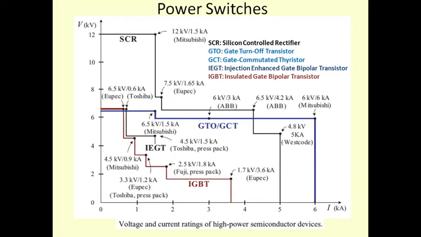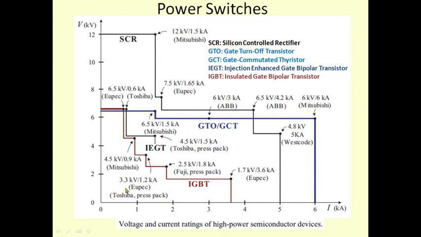Okay. Now next comes the GTO or GCT. GTO is gate turn off thyristor, and GCT, sometimes known as IGCT, is gate commutated thyristor or integrated gate commutated thyristor. Then comes the IEGT or injection enhanced gate bipolar transistor, and here we are having the IGBT.